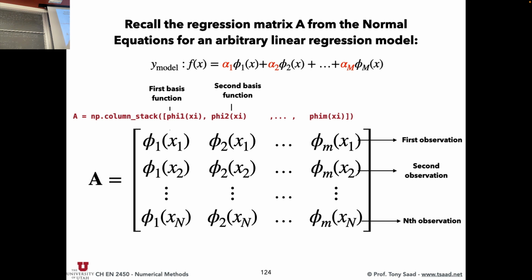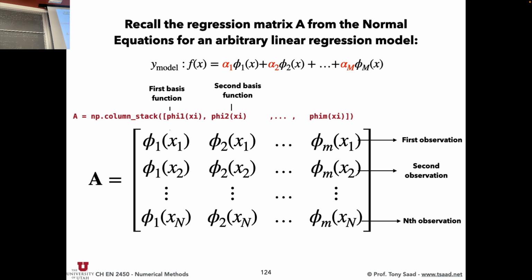NumPy column_stack: you give it that array, phi1 at xi, at all the xi, and it puts the entire array as a column in a big matrix. And this is exactly replicating what the A matrix looks like.